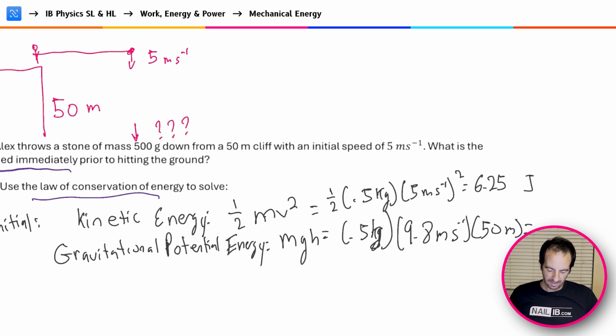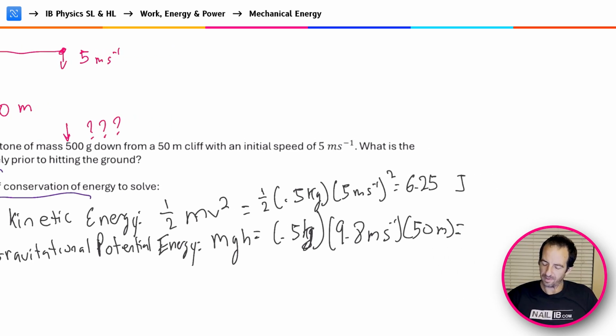We plug this in, and 0.5 times 9.8 times 50 comes out to 245 joules.